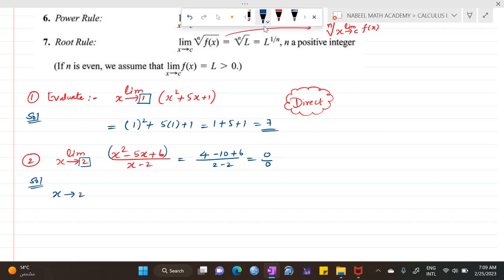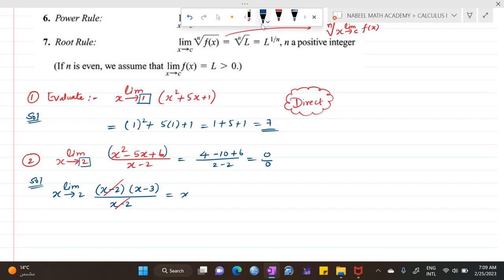So the limit as x approaches 2. It is already in factored form in the denominator. What about the numerator? The factorization here is x minus 2, x minus 3. Now if you cancel, x minus 2 and x minus 2 cancel. Now apply the limit.